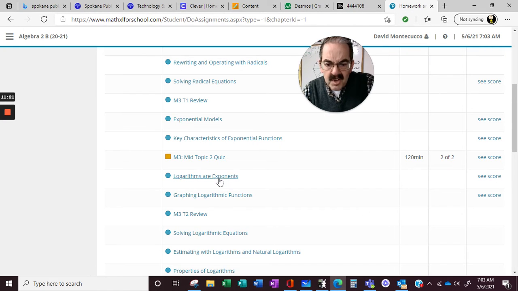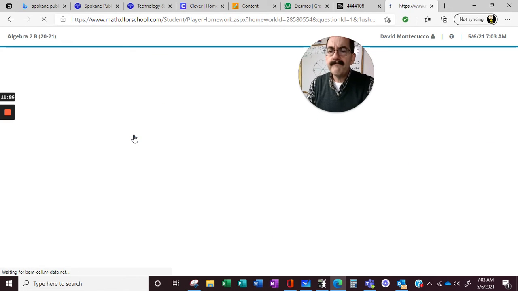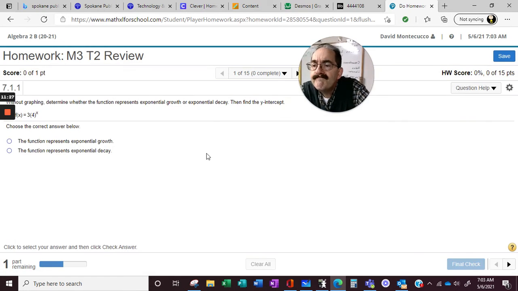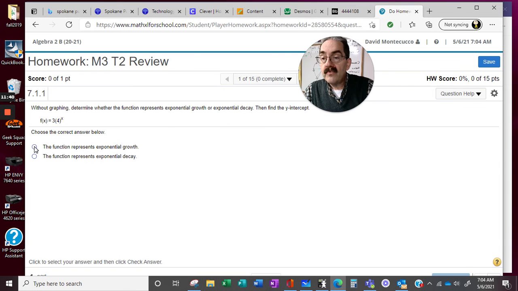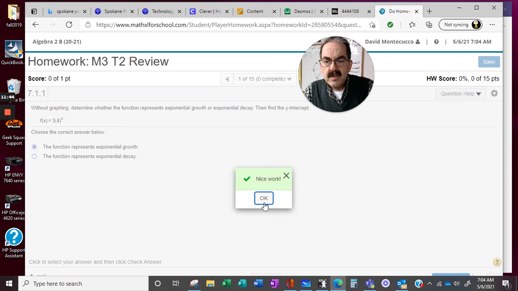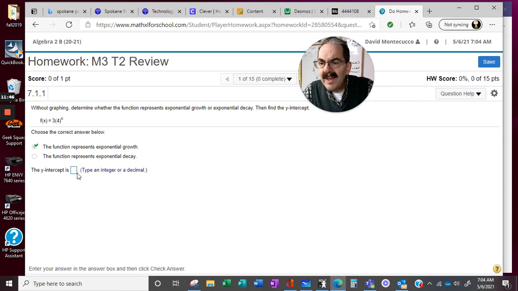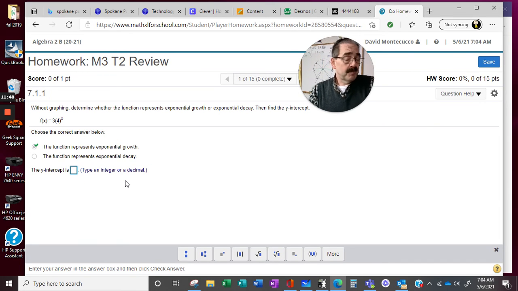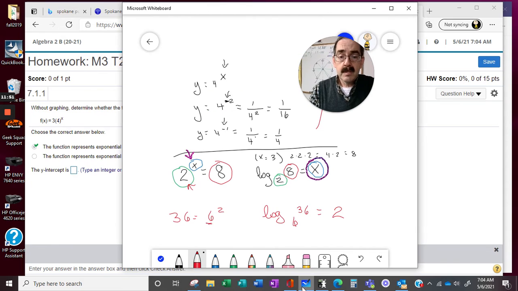Let's go to the review. Let's try a couple of review problems here. 3 times 4 to the x. Wow, that's going to grow fast, right? So that's a growth curve. And the y-intercept is whenever x is 0.